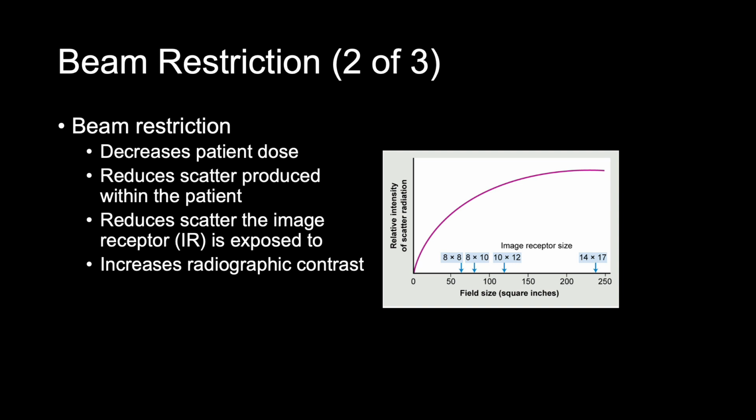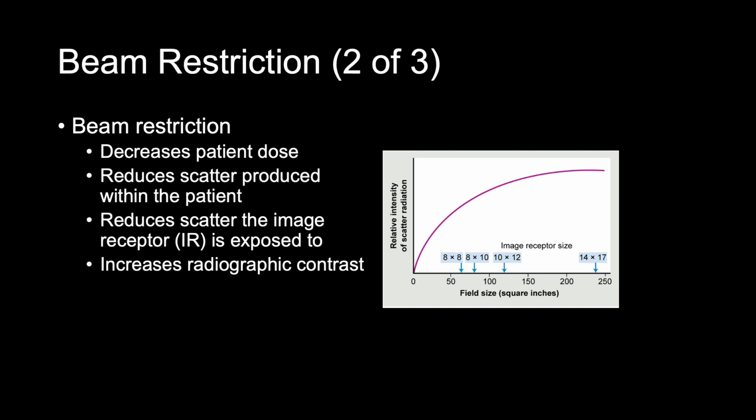As collimation increases, the field size decreases and the quantity of scatter radiation decreases. As collimation decreases, the field size increases and the quantity of scatter radiation increases. So the field size is directly proportional to the scatter radiation.